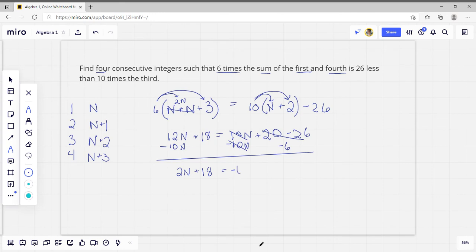Okay, now I'm going to subtract 18 on both sides. And we get 2n equals negative 6, negative 18 would be negative 24.